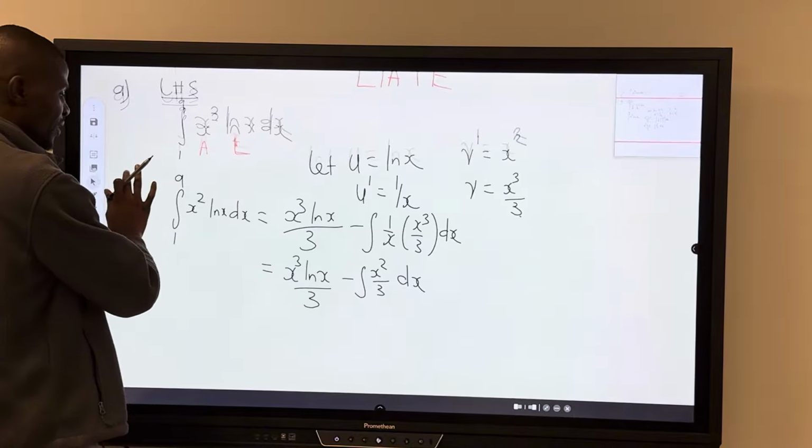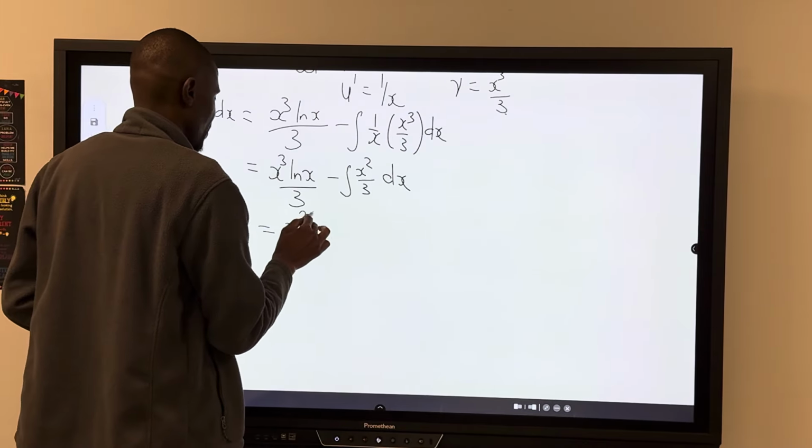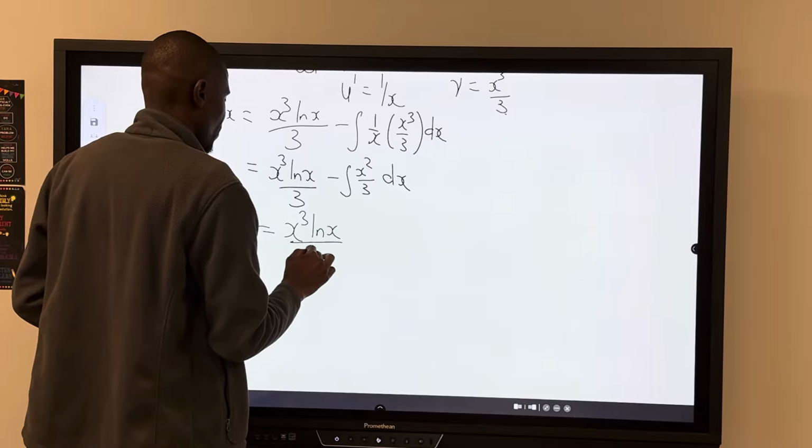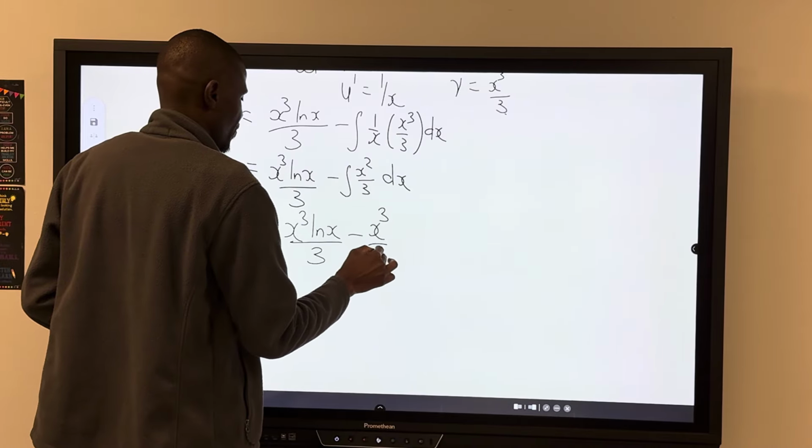This simplifies to x cubed natural log of x over 3 minus x cubed over 9.